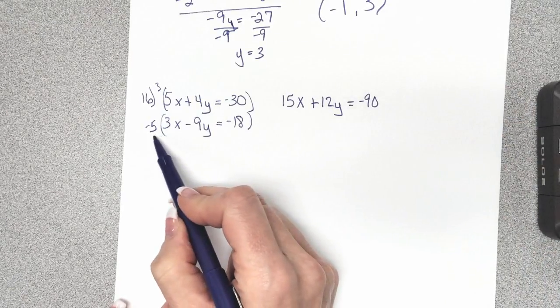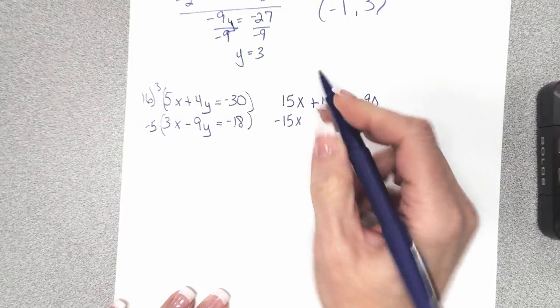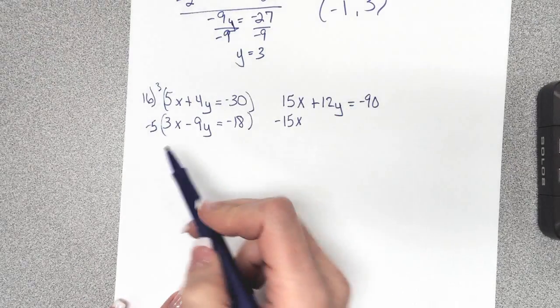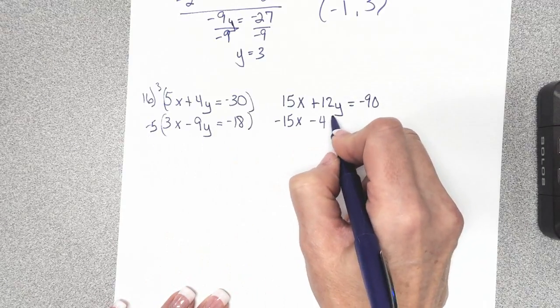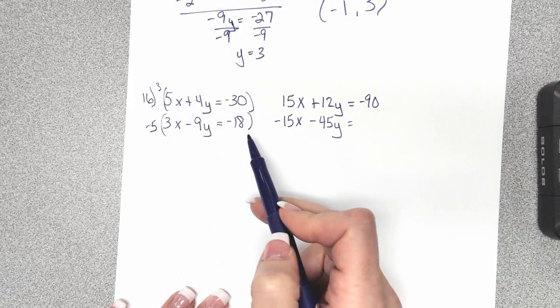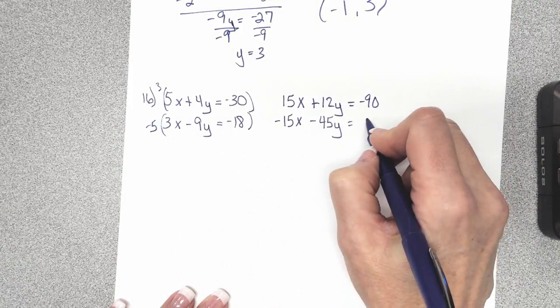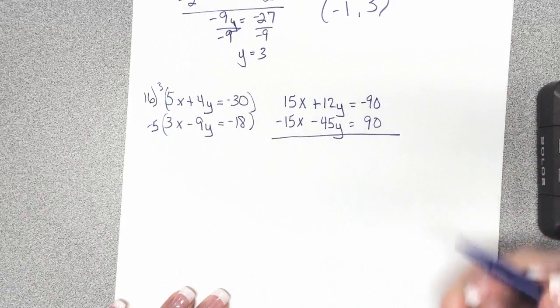Same thing on the bottom. Negative 5 times 3x is negative 15x, so those will cancel. That's what we wanted. Negative 5 times negative 9 is negative 45y. And negative 5 times negative 18 is a positive 90. Okay.